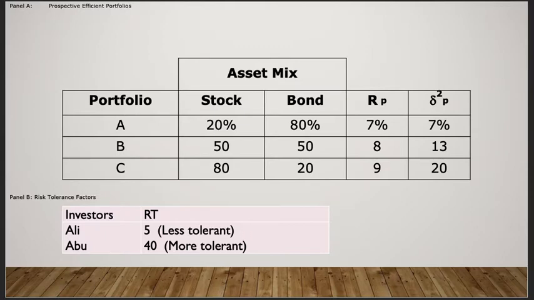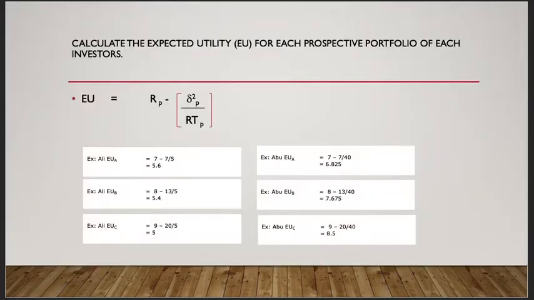Let us calculate the expected utility for each prospective portfolio of each investor, using the formula of EU, which is RP minus the variance of the portfolio divided by the risk tolerance. We are going to calculate for Ali and Abu.